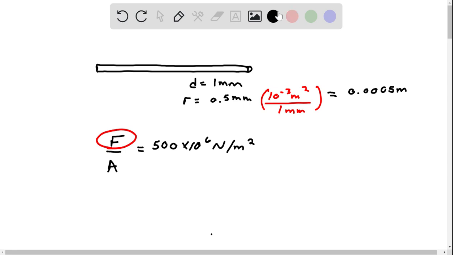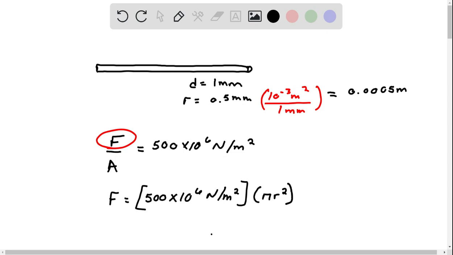Okay, so let's start solving. By the way, this is the tensile strength of nylon. And we're just going to go backwards, so we put A over there, because we don't need it here. So F equals 500 times 10⁶, bracketed, times area. And for the area of this string, if you can guess, it's going to be pi r squared.